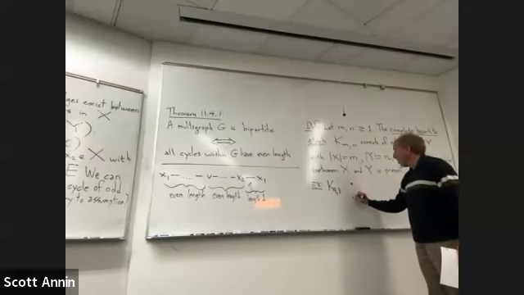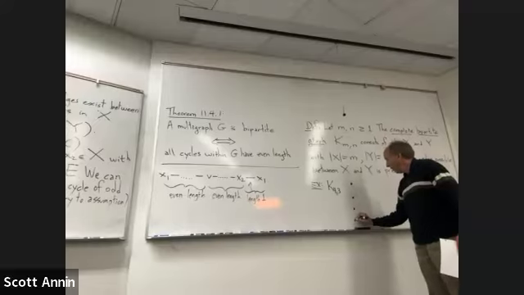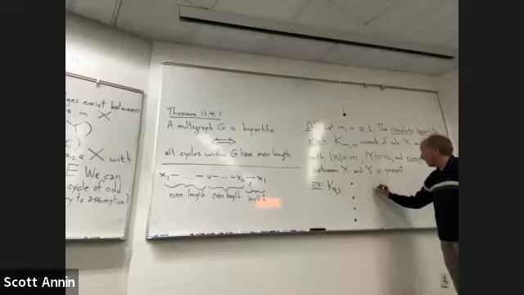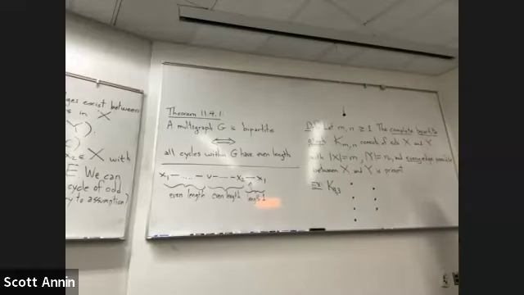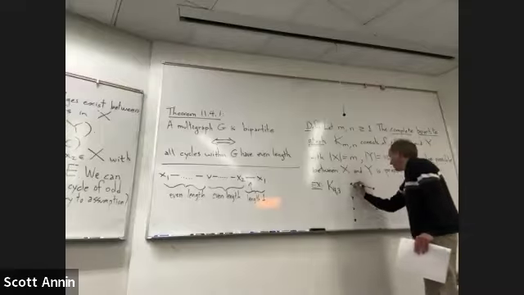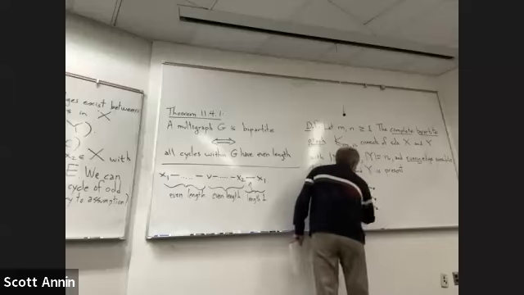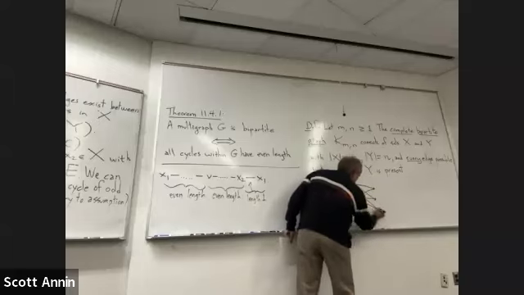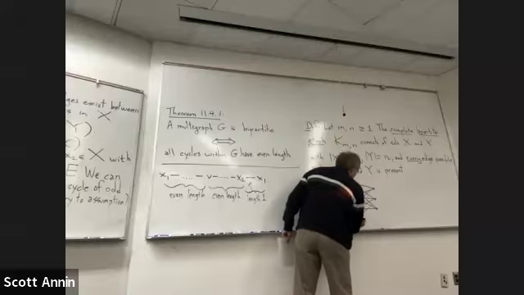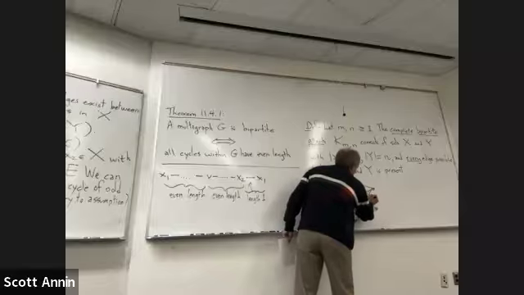You would draw your first camp here, that would be the capital X, and then the second camp would have 3 vertices, maybe over here. And then you just draw every edge. The first vertex goes to all 3 of those, the second one does the same, the third one does the same, and the fourth one does the same. We have all of those edges.